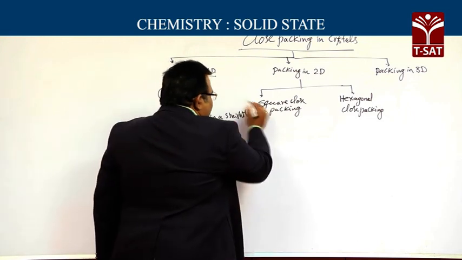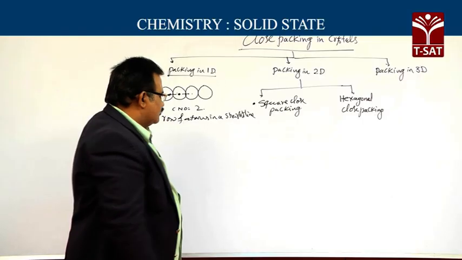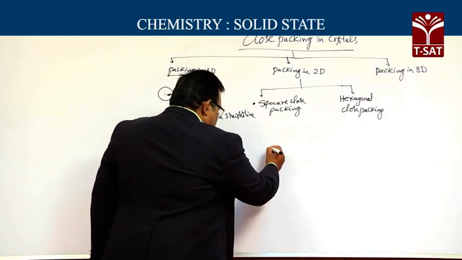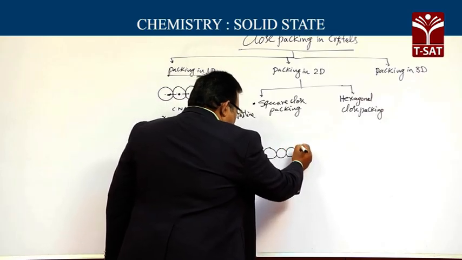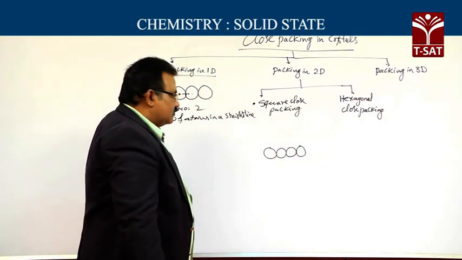What do you mean by square close packing? This is a sphere. This type of arrangement is single dimension.